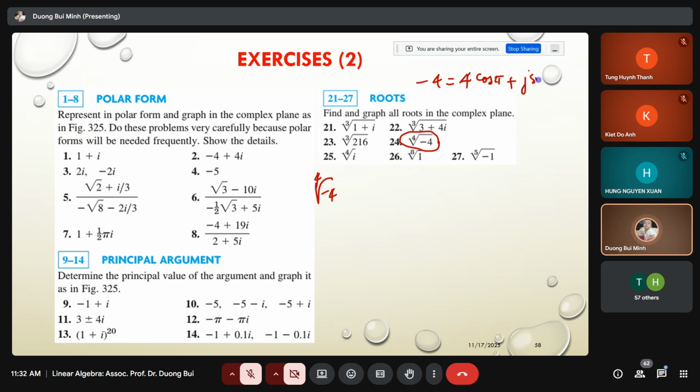Plus j side by. Do you agree with me? Yes. Okay, so -4 means the square root of 4, right? What else? Goes side by plus j side by.